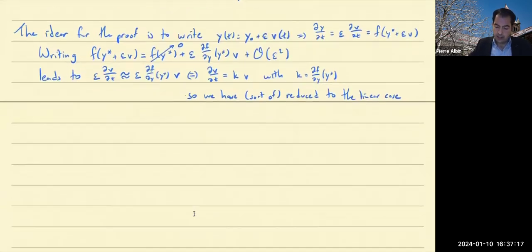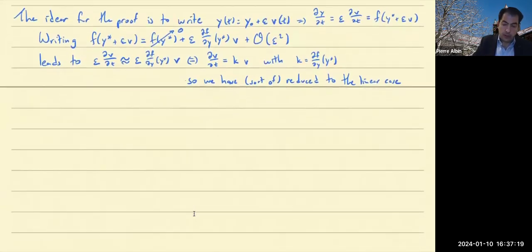Okay, let's do another example. Let's look at the logistic equation. Remember, this is used to model population growth when you have a finite carrying capacity.